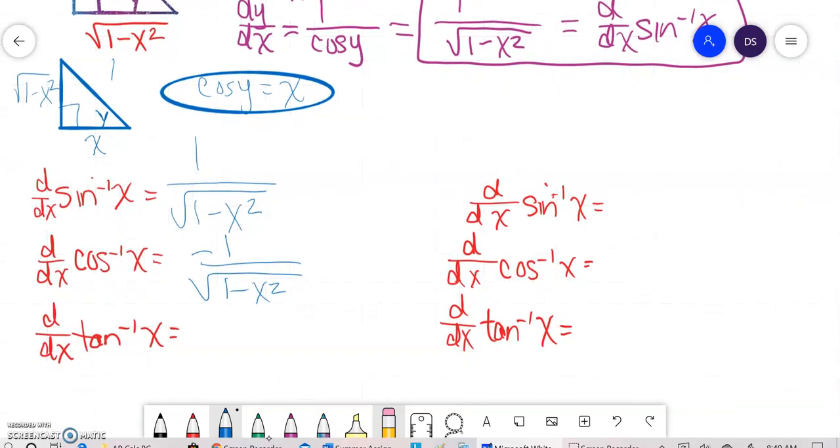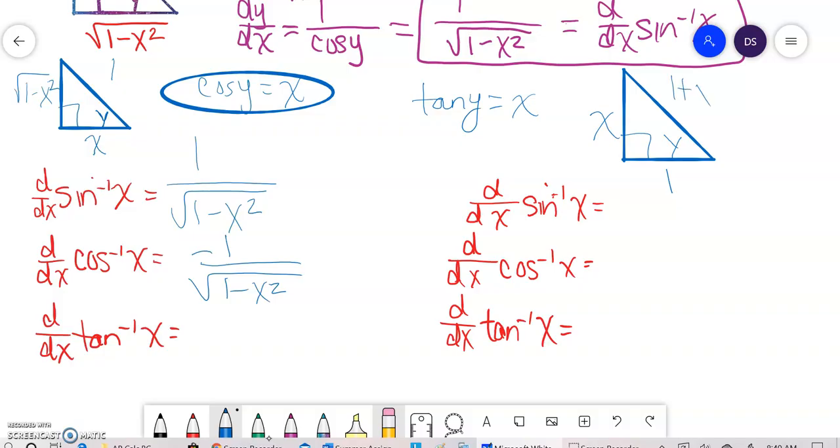And for tangent, you might as well see that. If I want to say the tangent of y is x, then opposite over adjacent is tangent, and this would be 1 plus x squared.